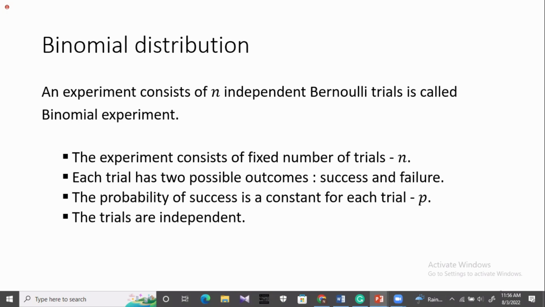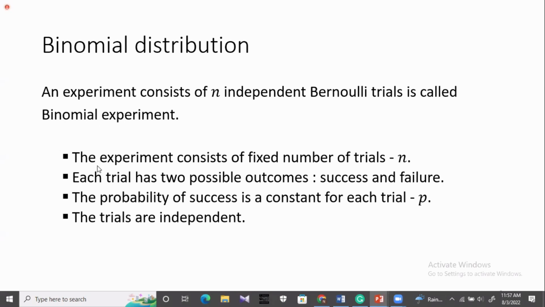Or if we want, we can toss that coin again. Likewise, we can have n number of Bernoulli trials. So now it's not the Bernoulli experiment, it's a binomial experiment. It says an experiment consisting of n independent Bernoulli trials is called a binomial experiment.